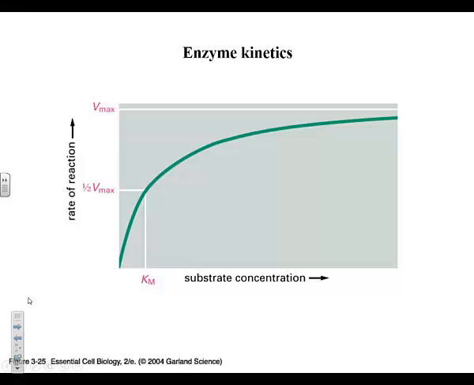Okay, so Michaelis was the biochemist that figured out that there's a measurable constant for the rate of reaction in the case of an enzyme reaction.